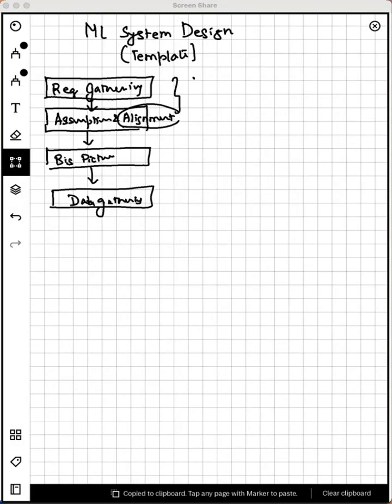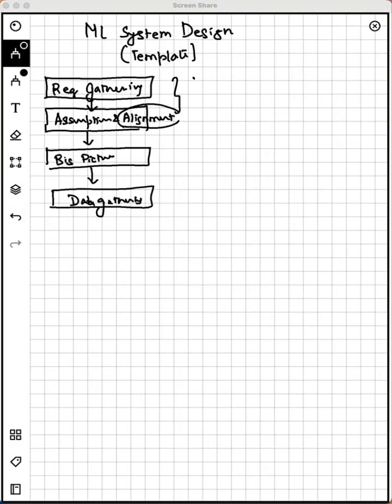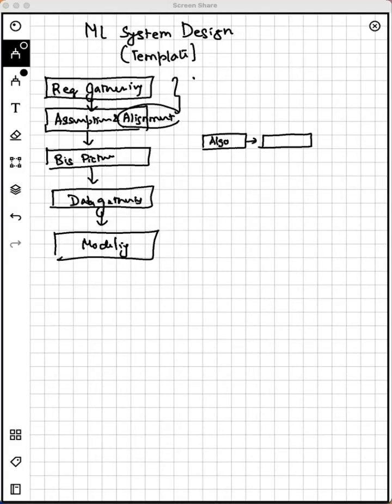Okay, I will erase this. The data part is done. Now we come to the modeling step. Now when we come to modeling step, we'll have to start thinking about what is the algorithm we are using, how are we training it, are we doing pre-training or are we doing fine tuning, or is there some reinforcement learning component to it?